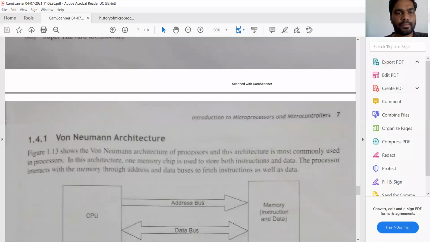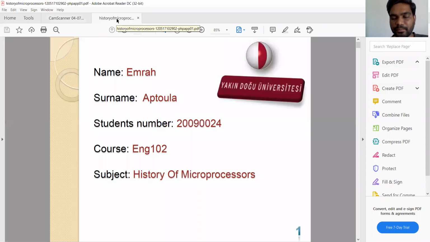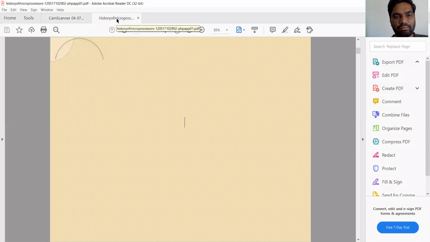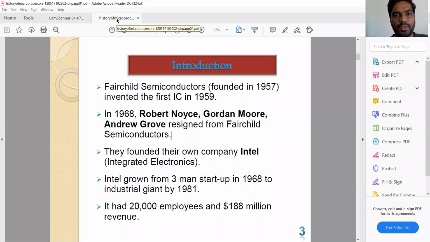And we have the evolution of microprocessors. That means the next topic is the evolution of microprocessors, which is nothing but the history of microprocessors. How these microprocessors were developed, who introduced them first.